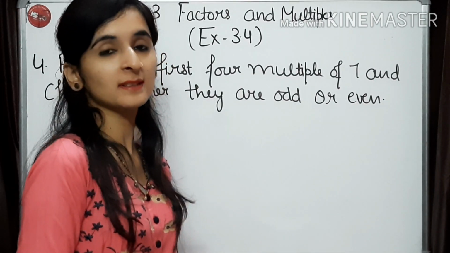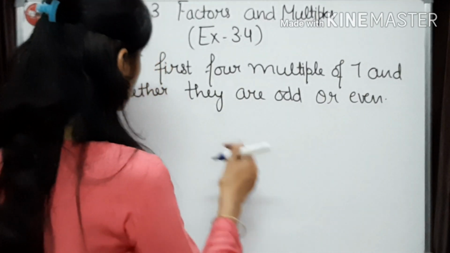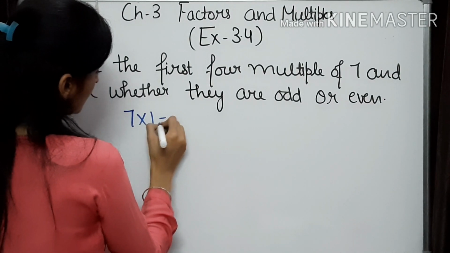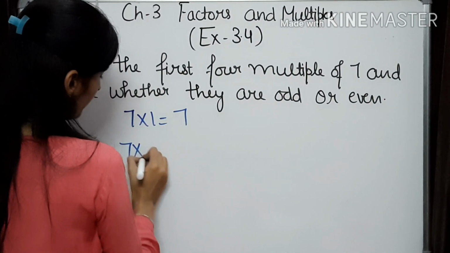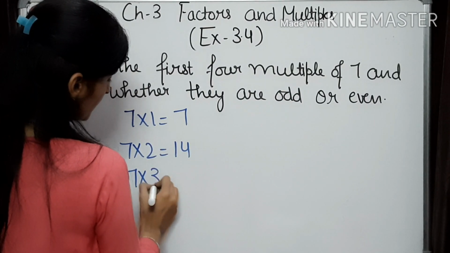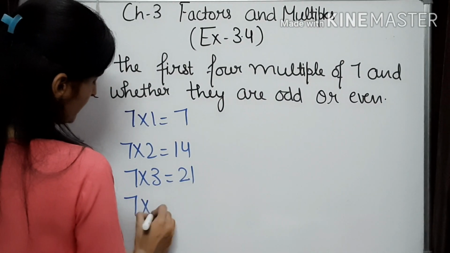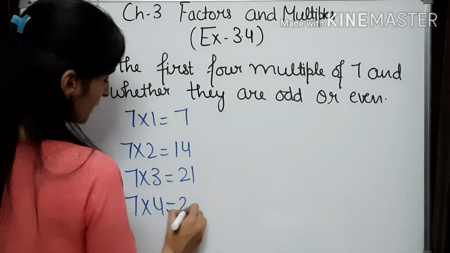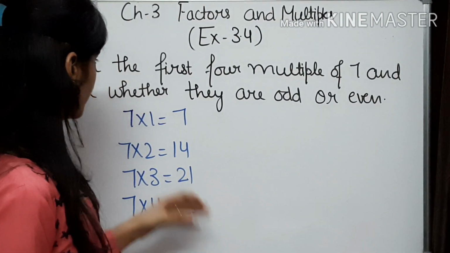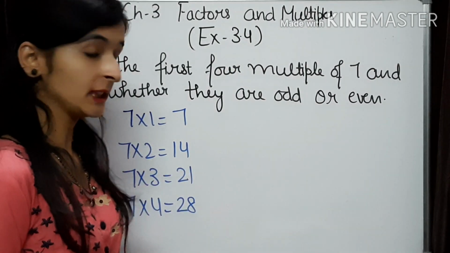So the first 4 multiples are 7 1s are 7, 7 2s are 14, 7 3s are 21, and 7 4s are 28.